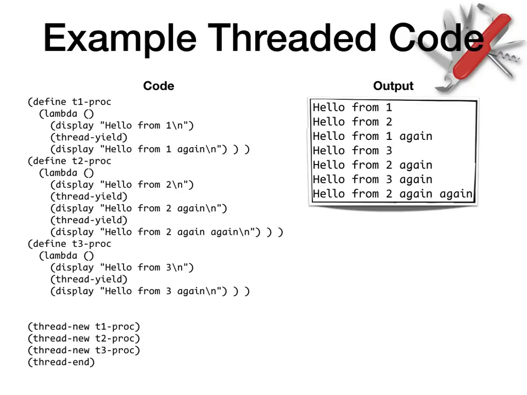The one thing about this is that you do have to do a thread end at the end of your program for this to work. But anyway, here's your output. You can see there's intermixing from the different threads.